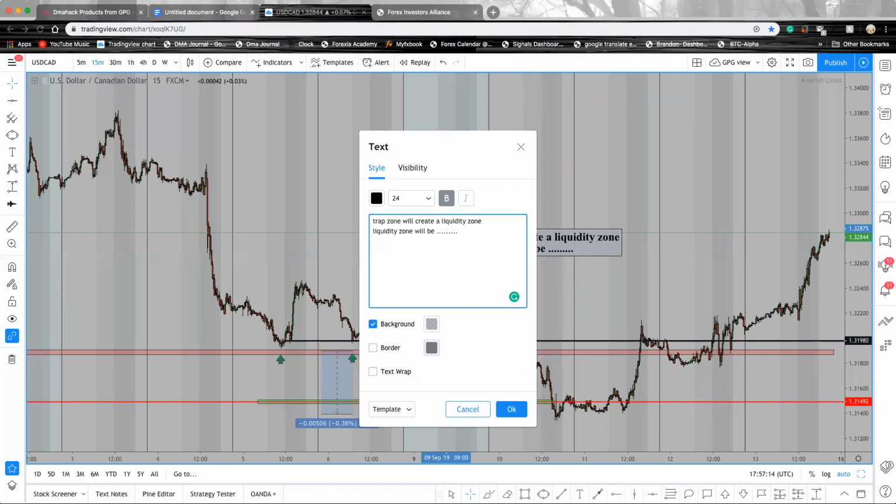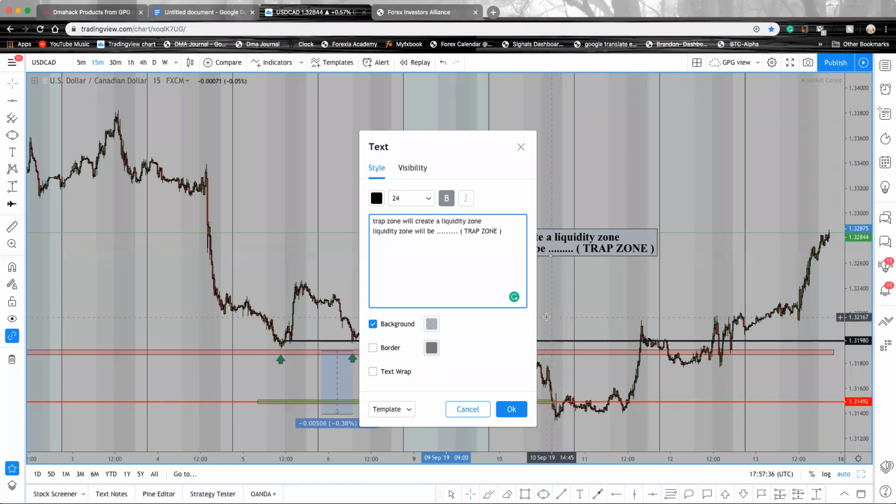It is a take profit zone, but the liquidity zone is created already. Later, this liquidity zone will be, since nobody answered, I'm just going to write it, a trap zone by itself.